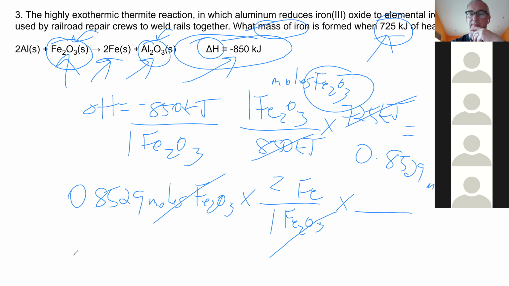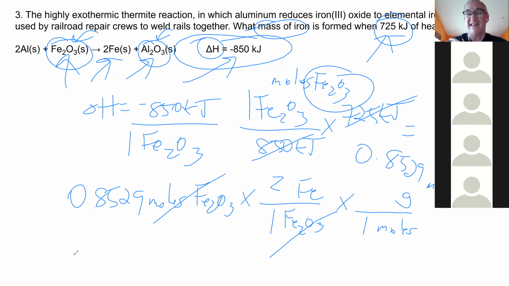So again, I've got moles. I want to get rid of moles, so I put moles on the bottom. And I put grams, which I want, on the top. So what am I going to put for grams here? 55.845 grams.